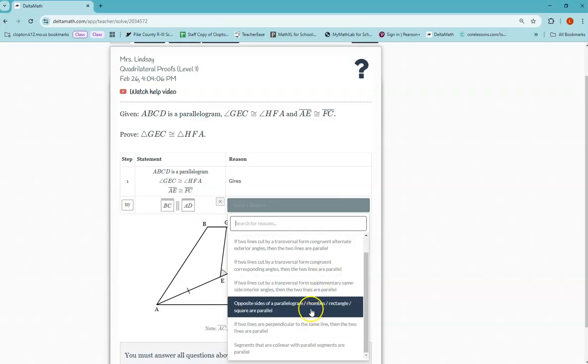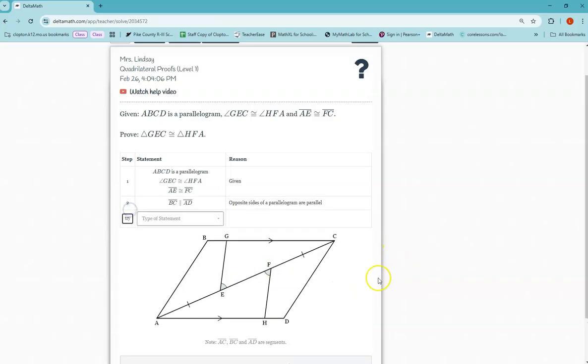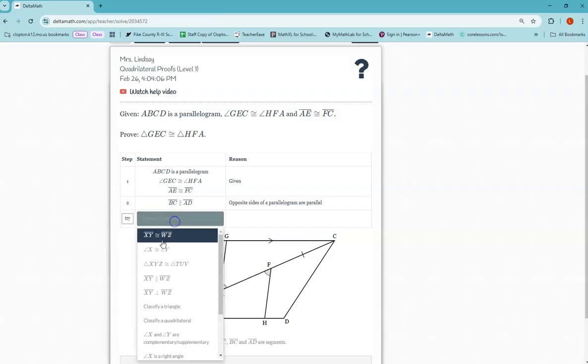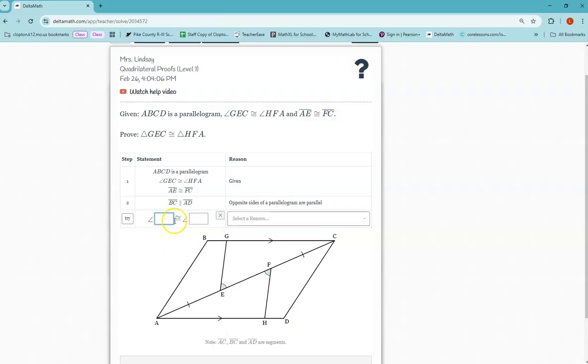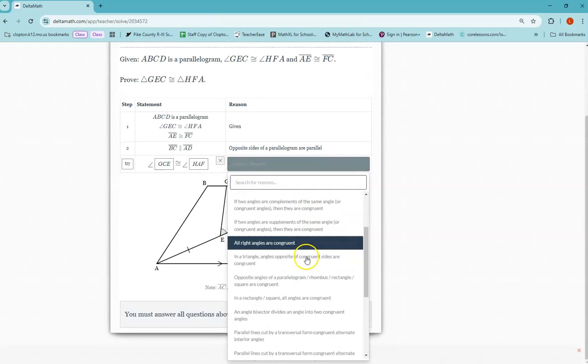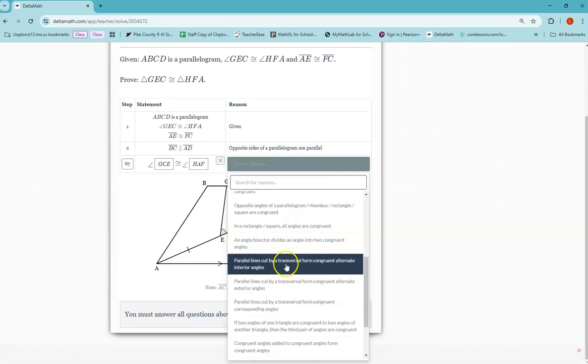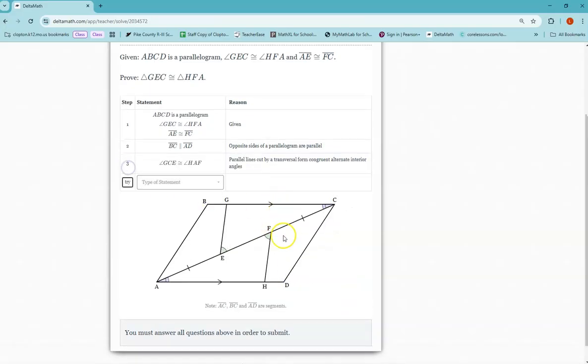Opposite sides of a parallelogram are parallel. So if we have that, then we can say this is a transversal, alternate interior angles are congruent. So we can talk about those two angles. I'm going to label that GCE and HAF. Parallel lines cut by transversal, alternate interior angles are congruent.